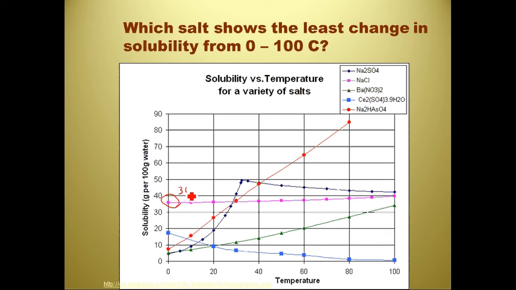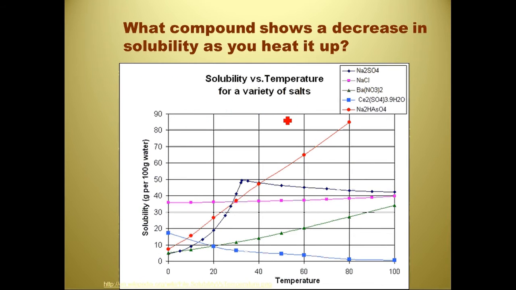Probably about 36 grams over here. And over here it looks like we get up to just about 40 grams. So the difference seems to be a difference of only 4 grams for every 100 grams of water. Okay, so that's 4 grams for every 100 grams of water. That seems pretty straightforward. Sodium chloride was the answer.